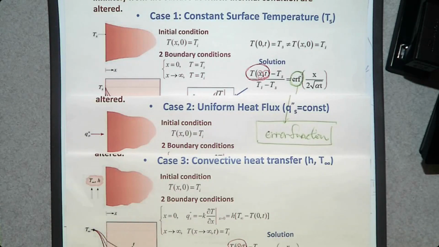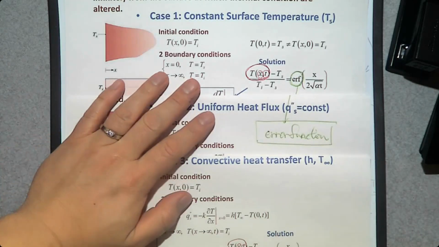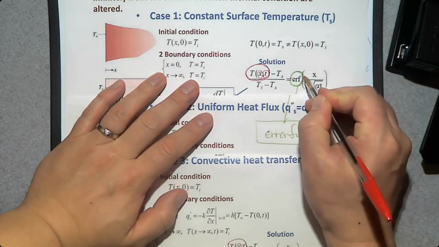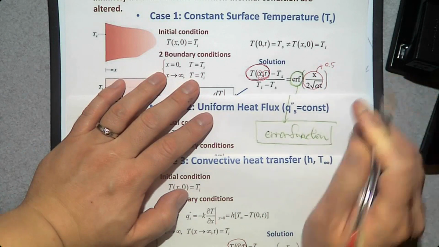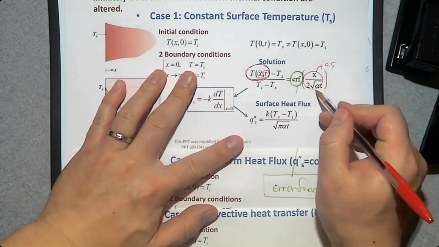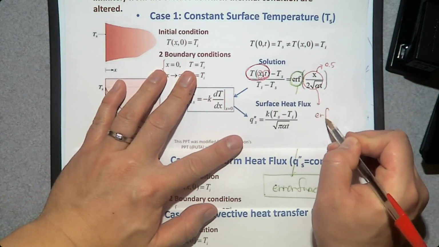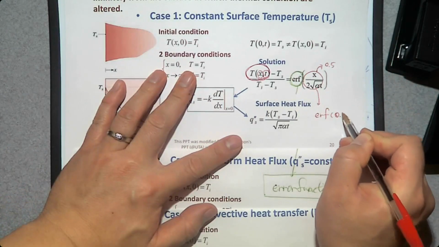So if you go back here, it says error function of x over 2 times square root of alpha t. If you determine that whatever inside is approximately 0.5, then you need to find error function of 0.5.